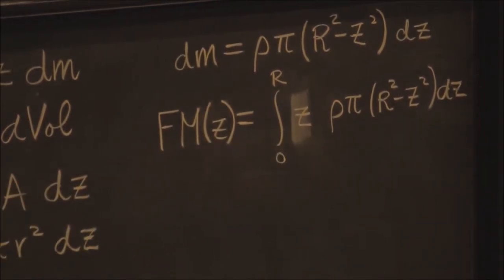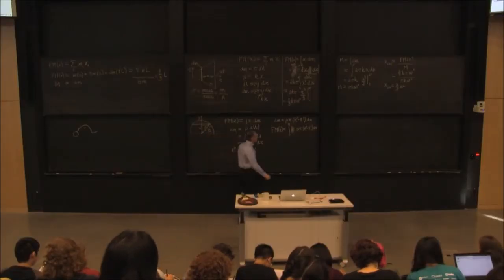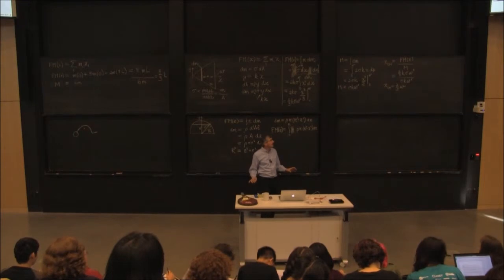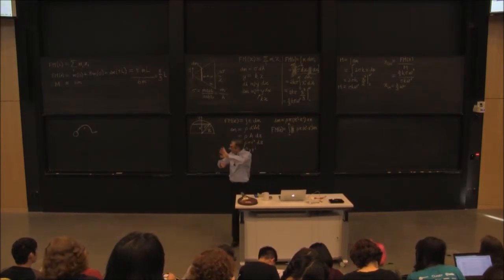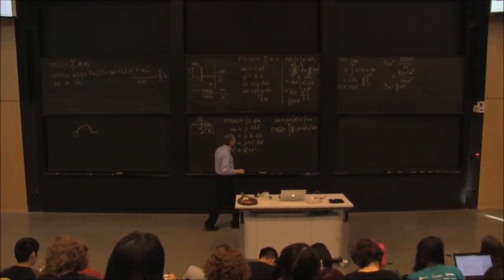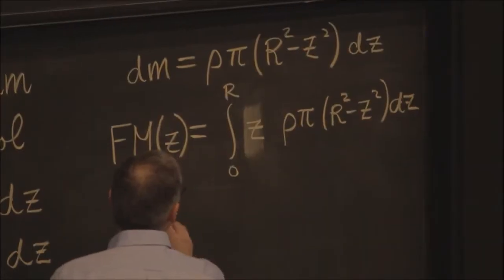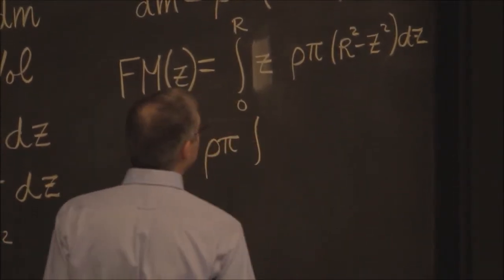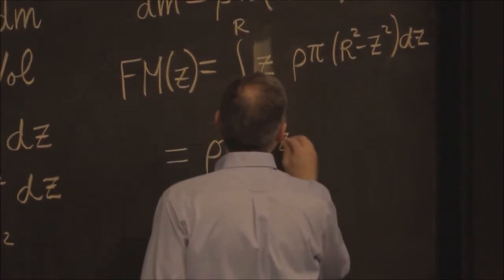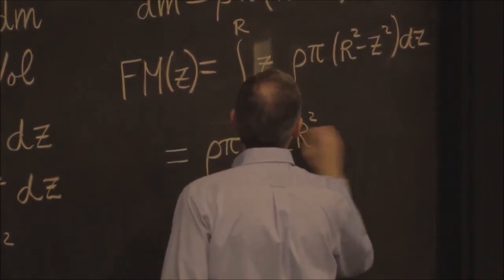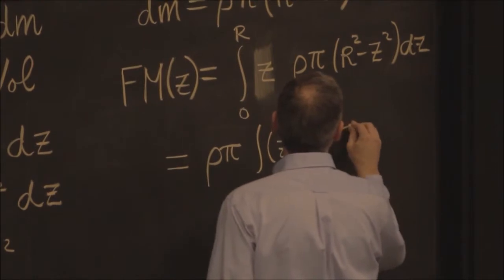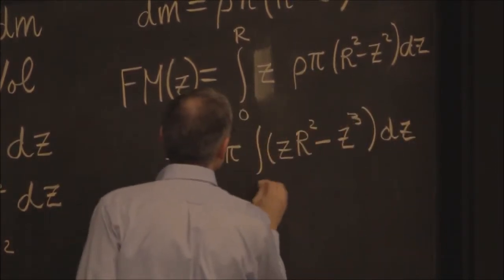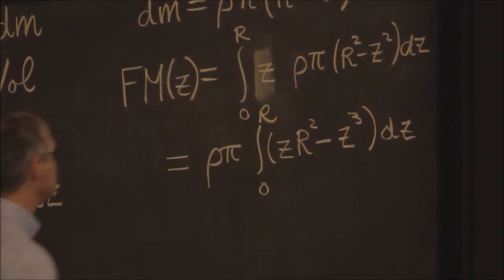Cool? Because rho in this problem is a constant, it doesn't care about the position inside the hemisphere, so I can pull it out of the integral, rho pi. So I'm left to integrate z R squared minus z cubed dz between 0 and capital R.